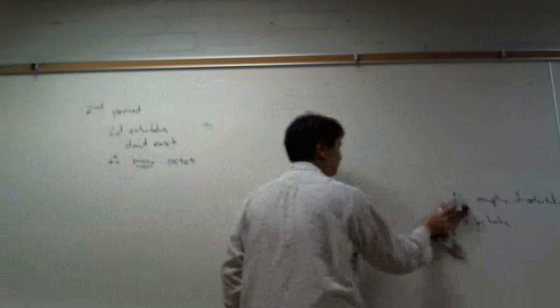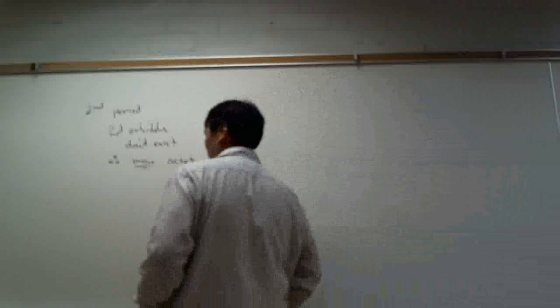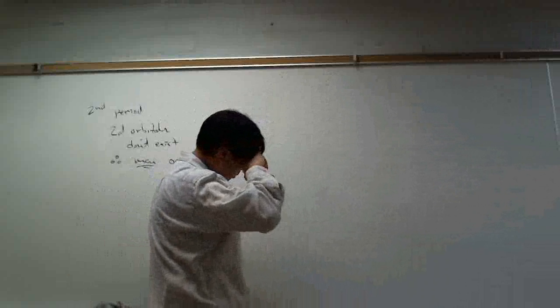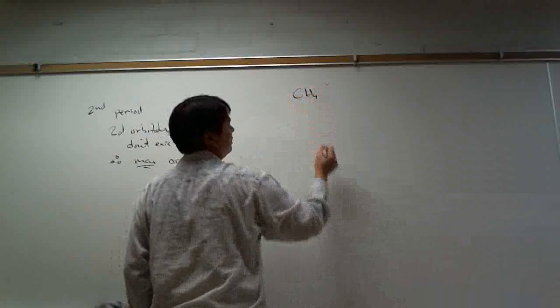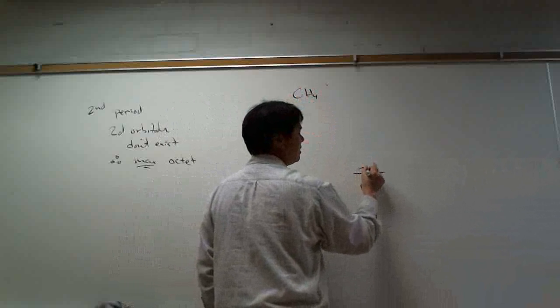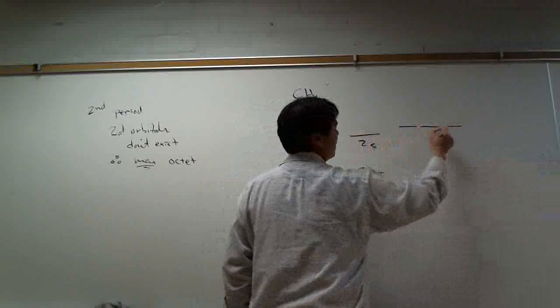The next thing we're going to look at is the orbitals. Okay, we have the energy level diagram. Let's go back to methane. What happens with methane is we've got the 1s, nothing happens. But with the 2s and the 2p, something happens.